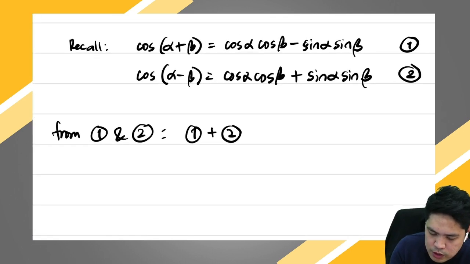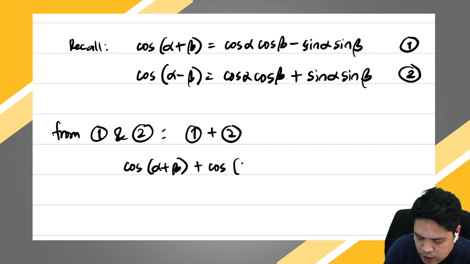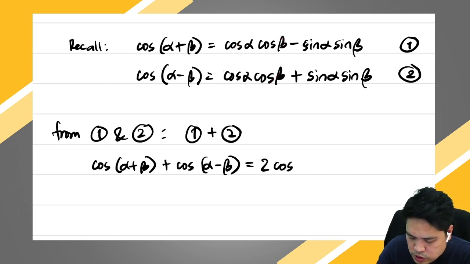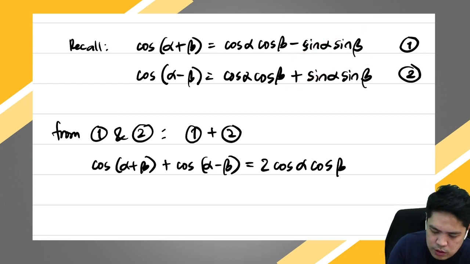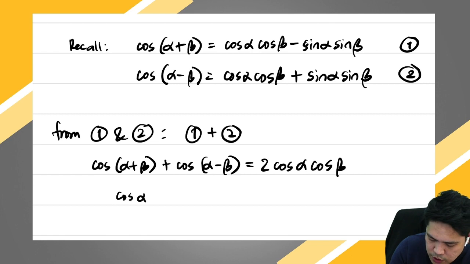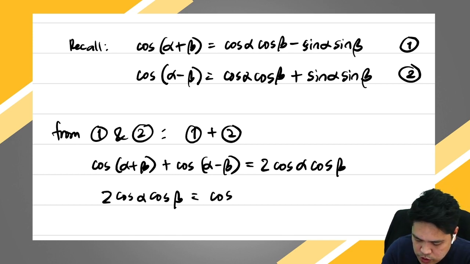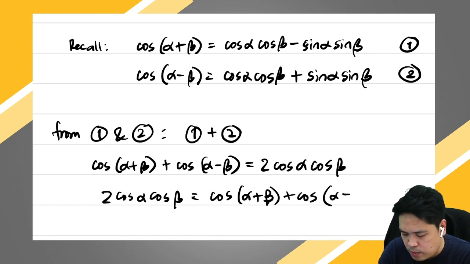That will give us cosine alpha plus beta plus cosine alpha minus beta. Then adding the right sides, that becomes 2 cosine alpha cosine beta, and this would be cancelled out. Therefore, 2 cosine alpha cosine beta is equal to cosine alpha plus beta plus cosine alpha minus beta.